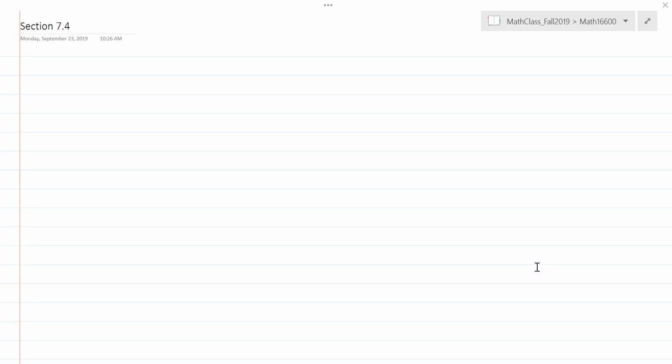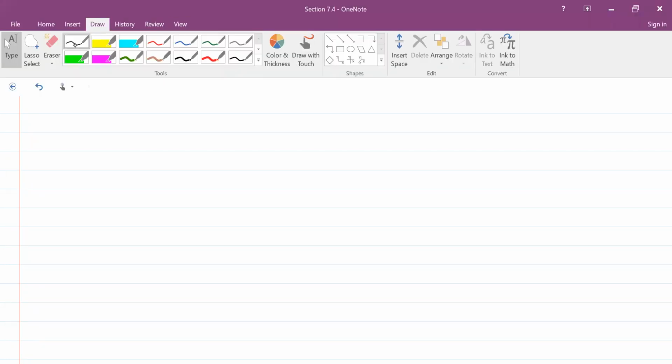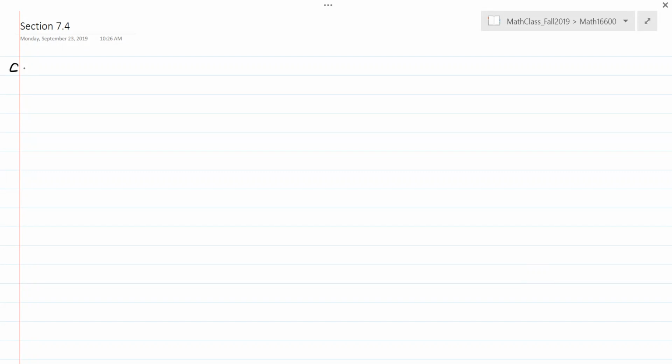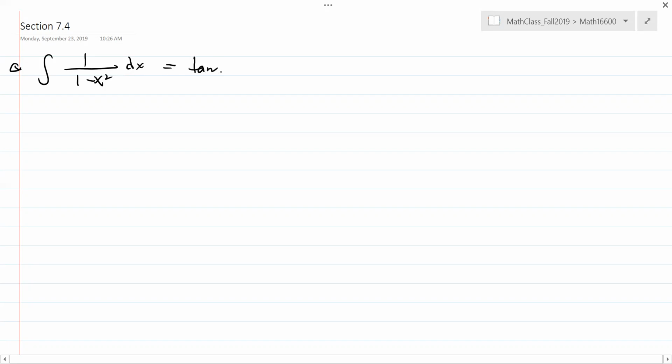I want to begin with the following problem. The integral of 1 over 1 minus x squared. We know that the antiderivative of this function is the inverse hyperbolic tangent of x.